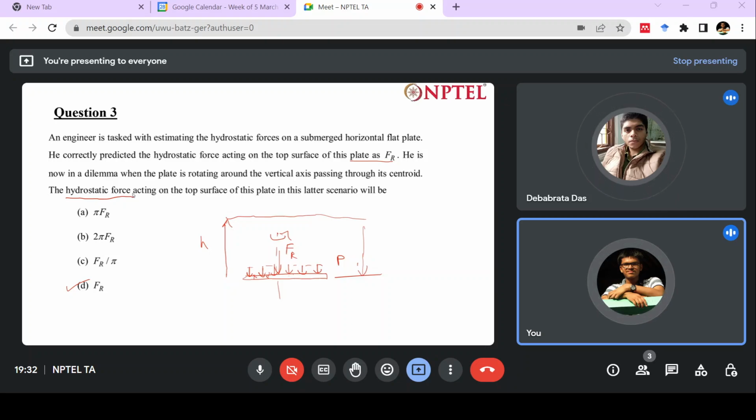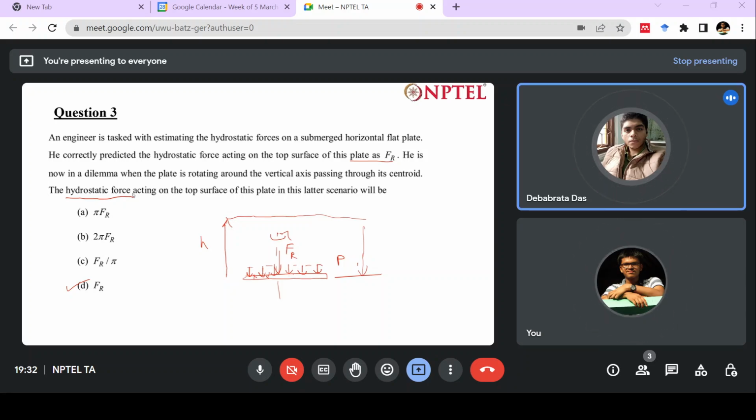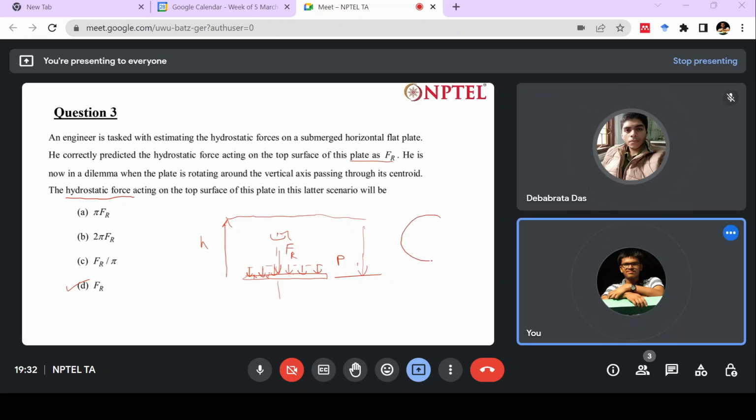So at some portions there will be some viscous stresses, and at others there will be other viscous stresses, and they will cancel out. If I see from the top, for simplicity I am drawing it circular. It may not be circular, but it is rotating about its centroid.